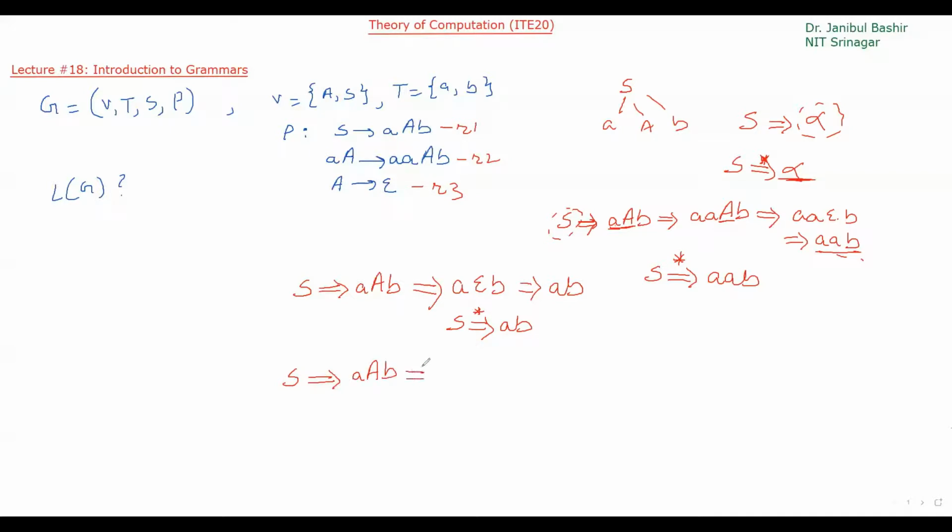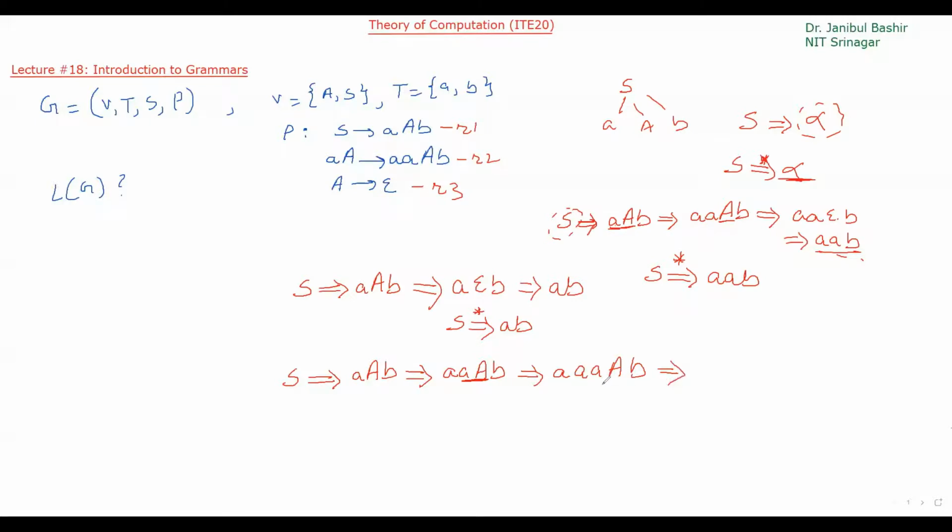Another possibility is S derives first aAb. Then this aAb, let's say I will use rule 2. So it will be aaAb. Then, for example, let's say here I am using again rule 2, because rule 2 can be used again. aA can be written as aaA, so I can write aaaAb.